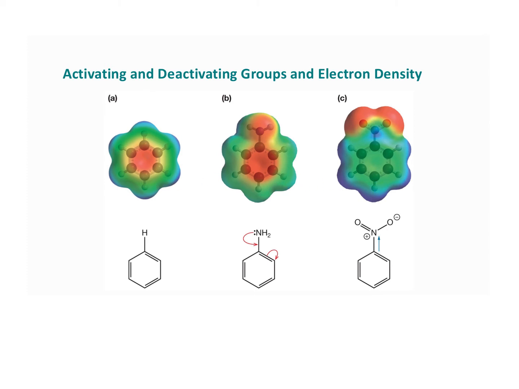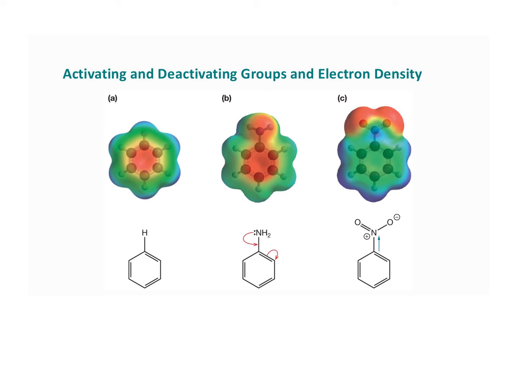When we look at the aromatic ring of aniline, which has the NH2 activating group, it's got greater electron density, shown here with the red, than the aromatic ring of benzene itself. And so that gives it a greater driving force for attack of an incoming electrophile, an E+. There's just a lot more red here.